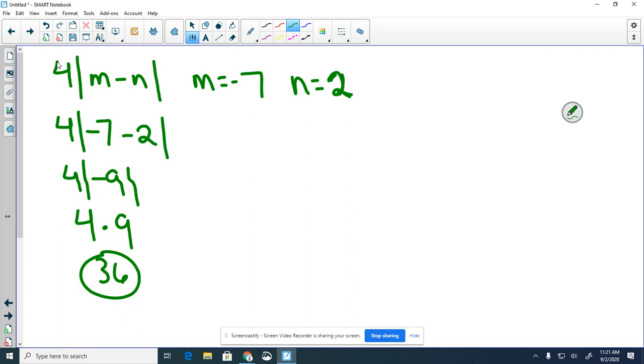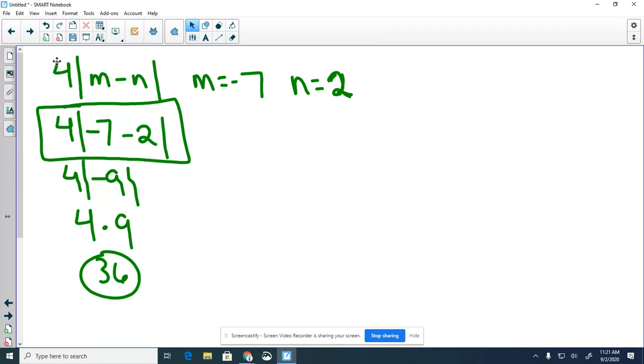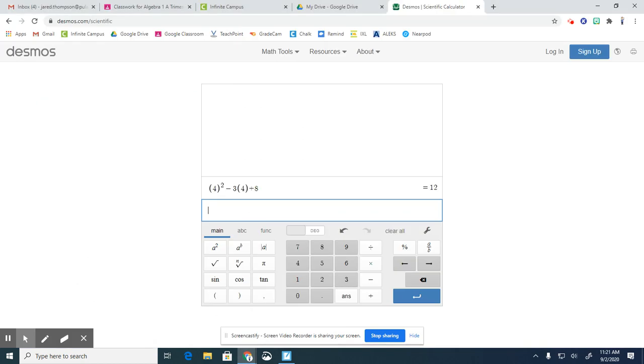Okay? If you're one of those people that don't want to work it out, I would type that into the calculator on Desmos. So let's go see that. So we had a 4. Now we're going to find the absolute value bars, and it'll take me a minute because I'm not entirely familiar with this calculator.